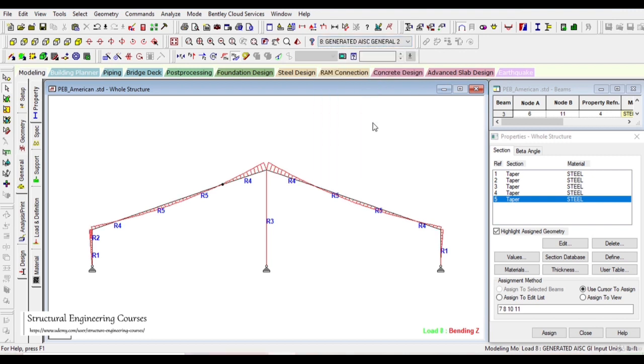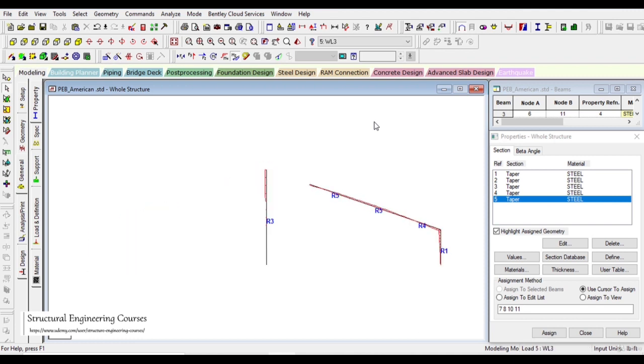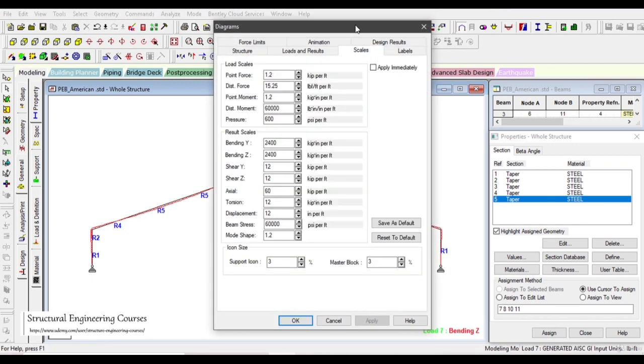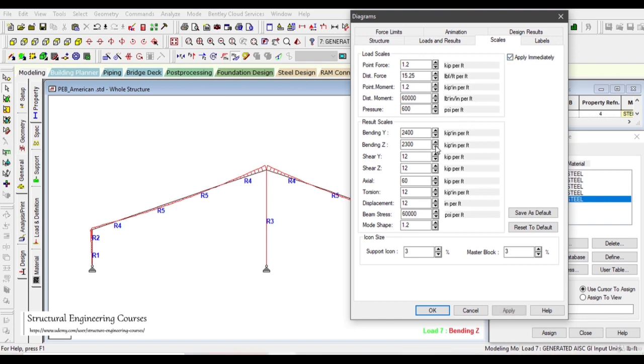So this is the general bending moment arrangement. So we can go to the labels, scales, apply immediately, and decrease this bending Z value.